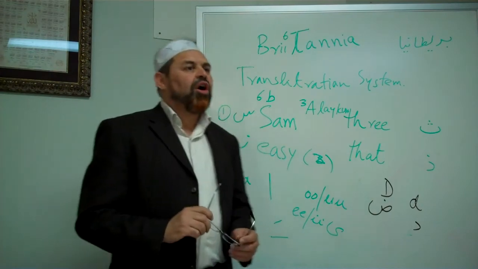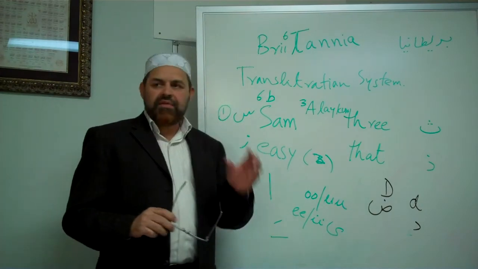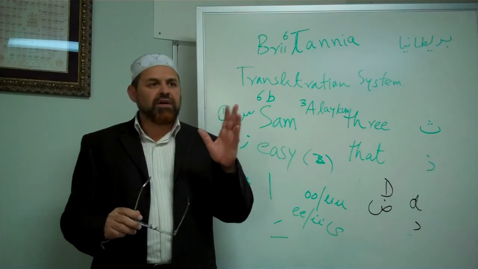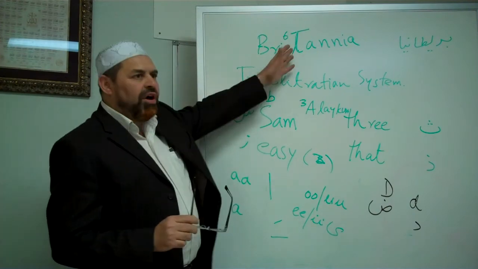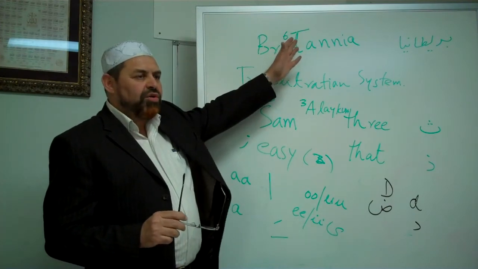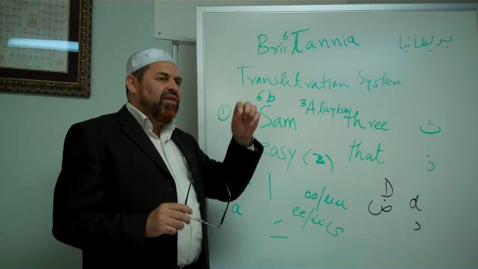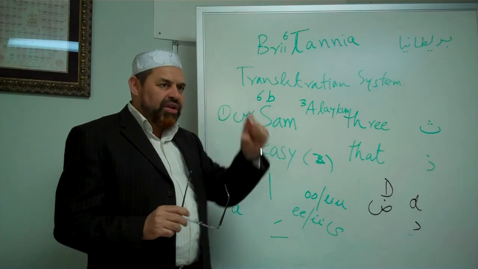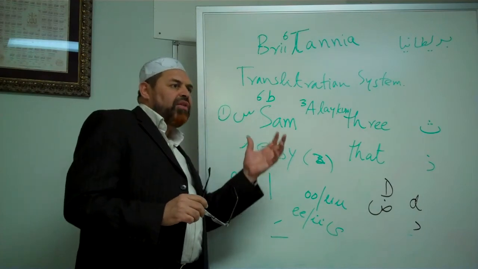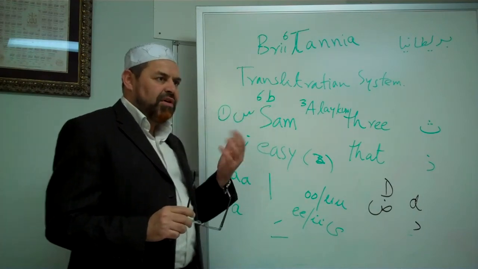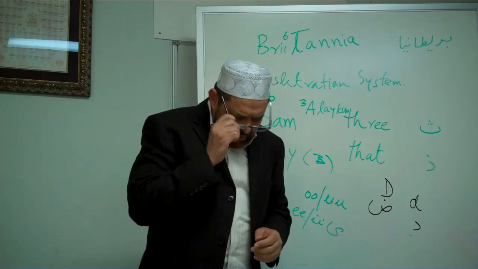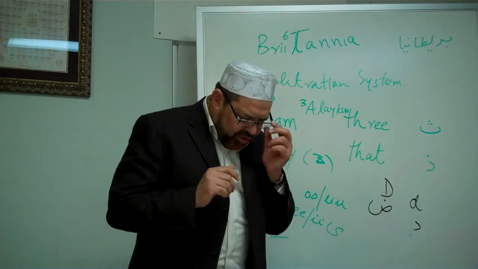Then we have the letter Ta. Ta is also an emphatic letter and we have an example of the word Britannia over there. It is contrasting with the other letter ta. So one will be represented by lowercase t and the emphatic one with the capital T. Then we have the letter Dha.